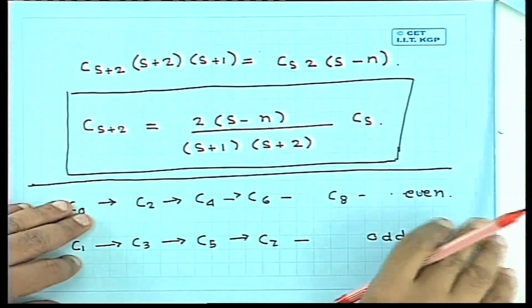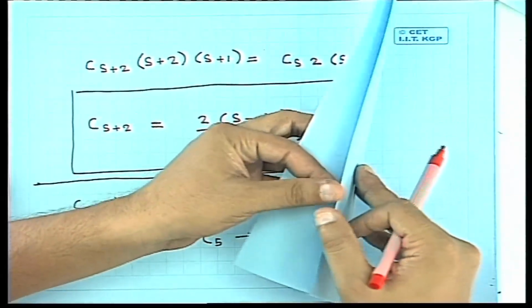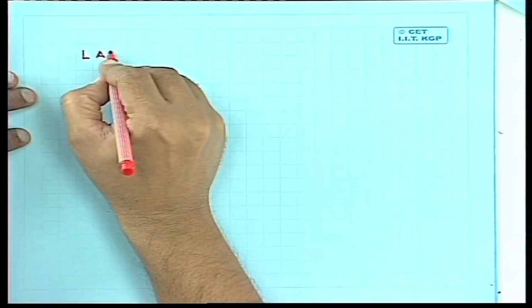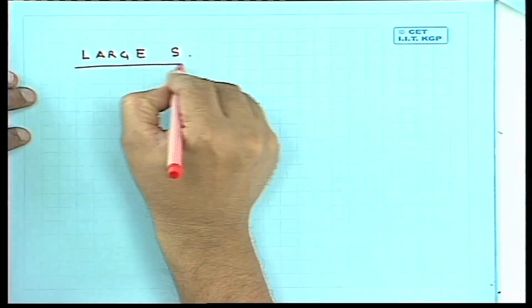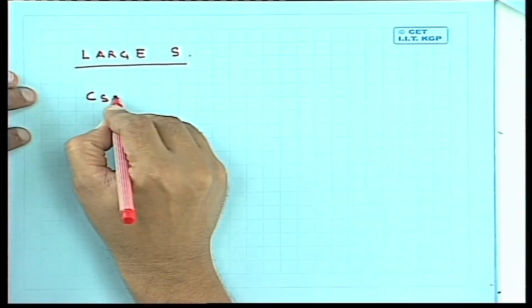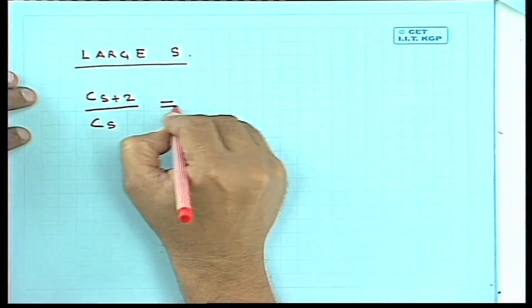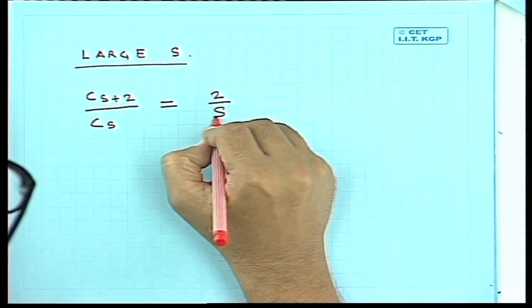So for large s, C(s+2) by Cs is equal to 2 by s.